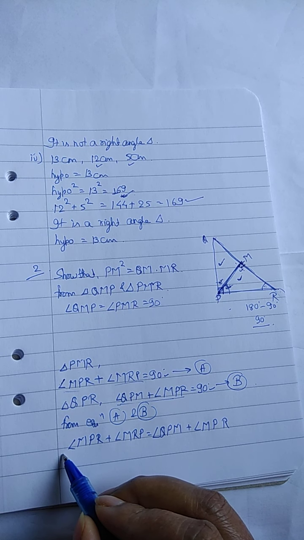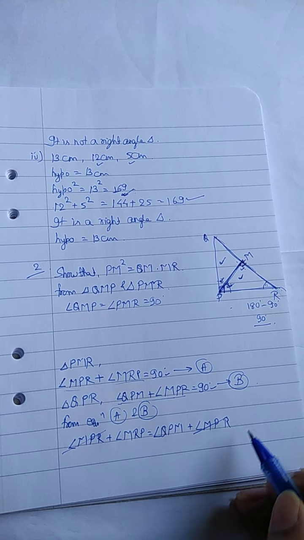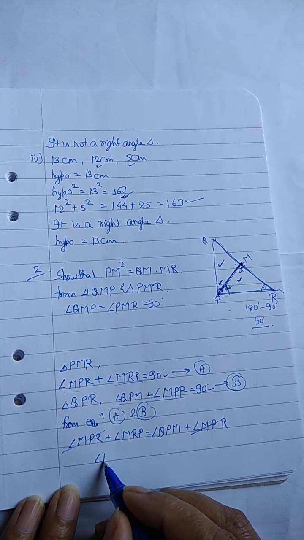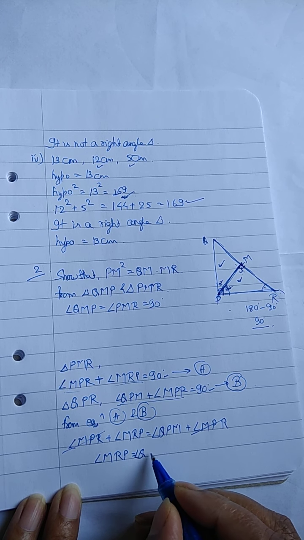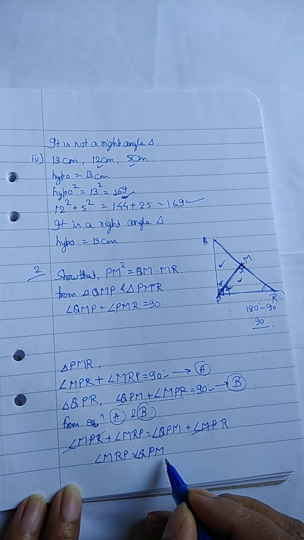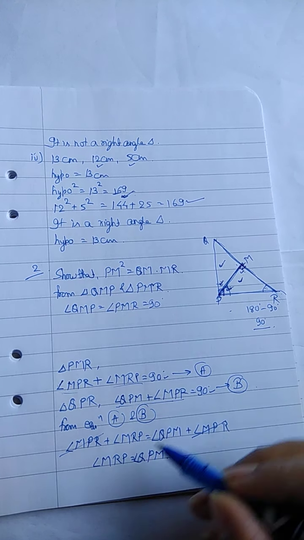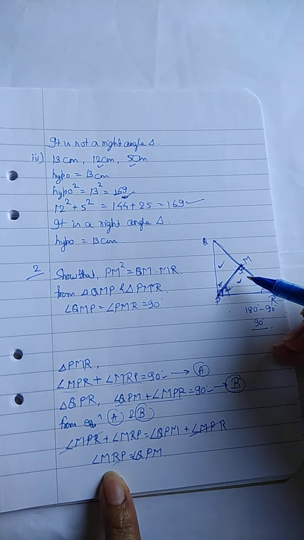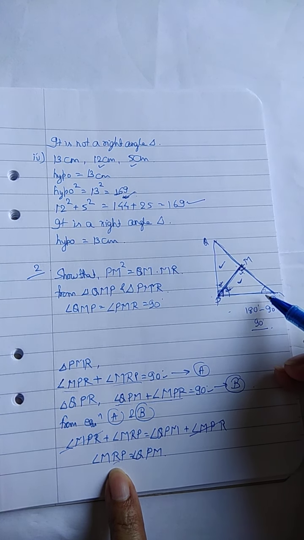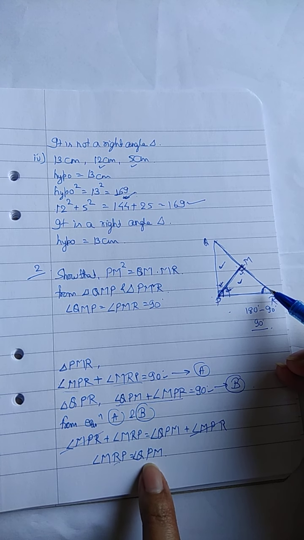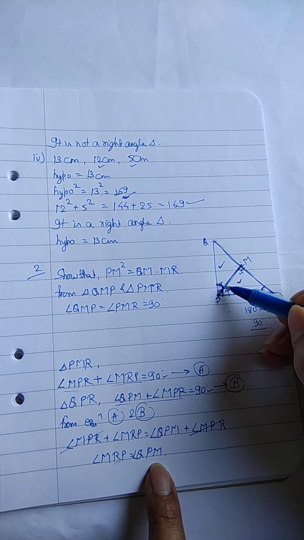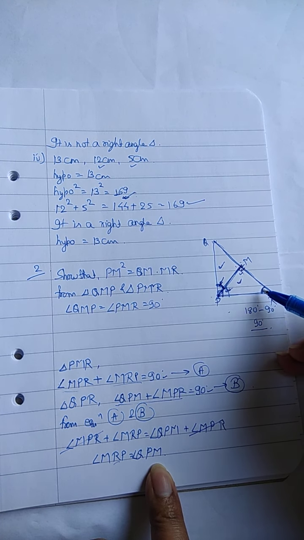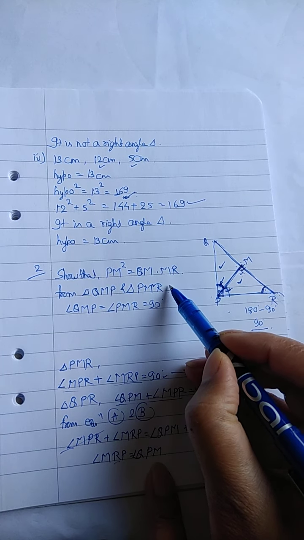Angle MPR is also here, angle MPR is also here. That means we can say angle MRP equals to angle QPM, right? So MRP, where is MRP? MRP, this, and QPM, correct? So we are able to find out the other two angles are equal in these two triangles, right?